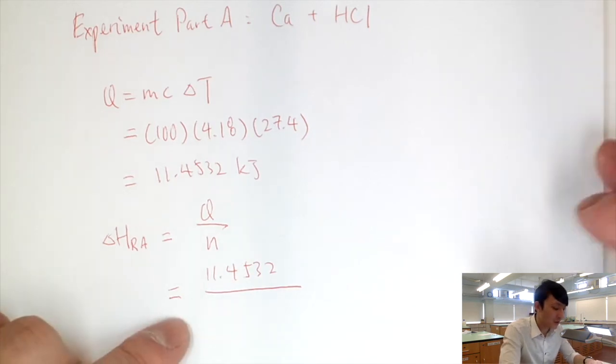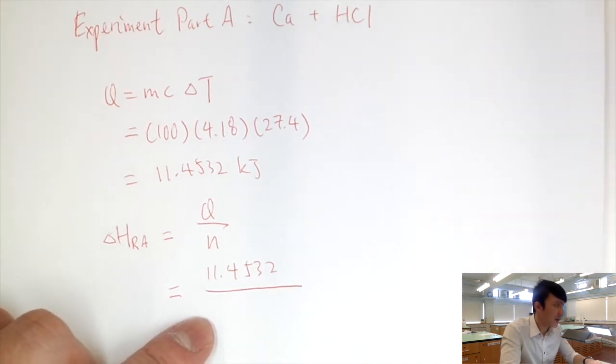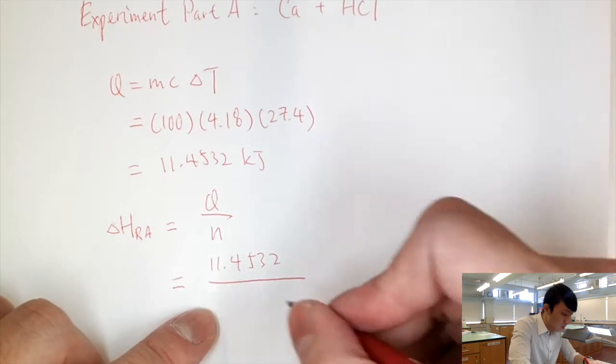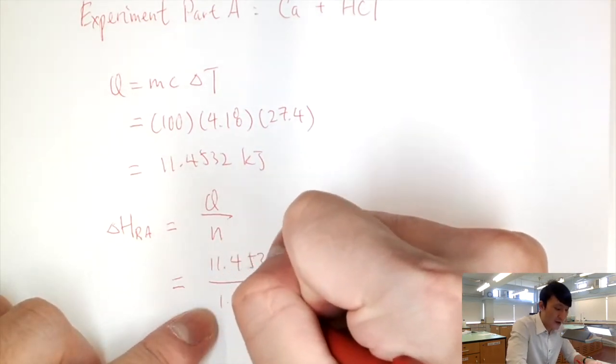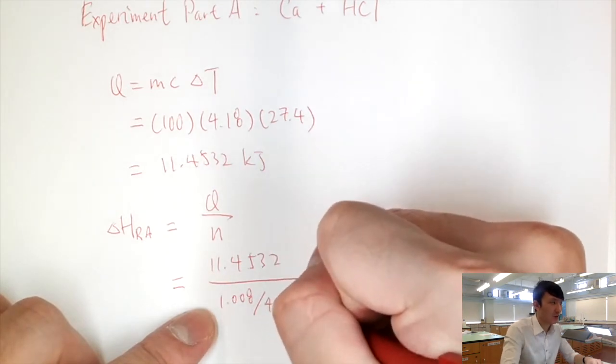Now, the number of mole equals mass over molar mass. The mass of calcium that we have added is 1.008 gram, divided by the molar mass. For calcium, it is 40.1. Then you tap your calculator.